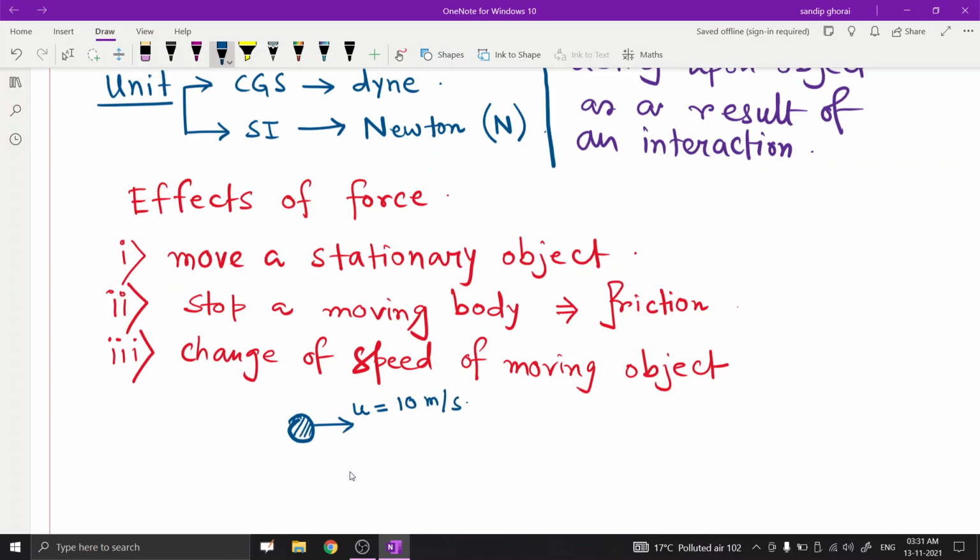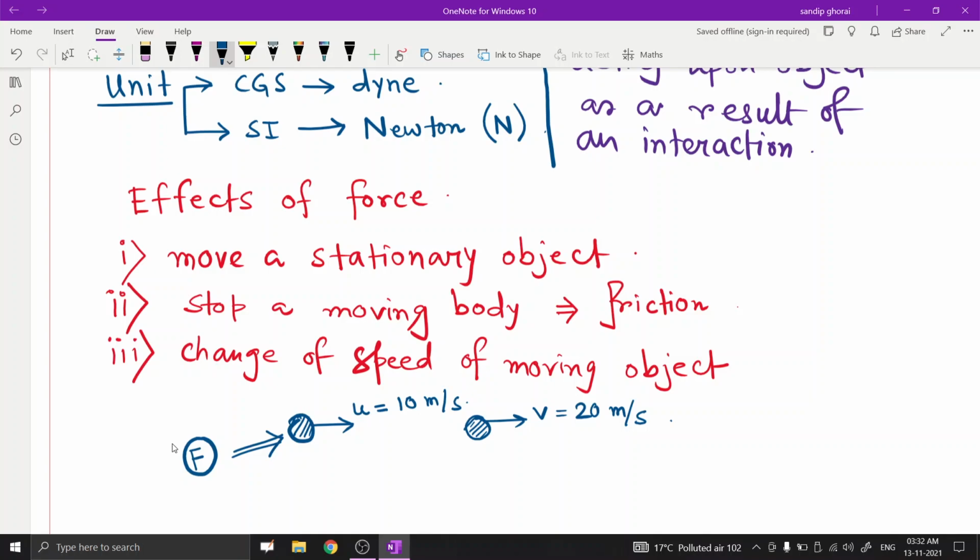If we apply no force, then the velocity remains the same. But if we apply an external force F on the body, then the speed may change and become 20 meter per second. So the speed of the body is changed from 10 meter per second to 20 meter per second due to applied force F.